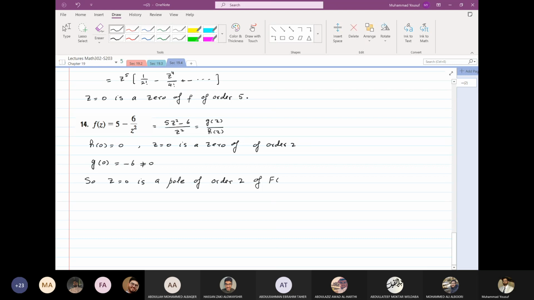So z equal to 0 is a zero of order 2 of the denominator function, but the numerator function is not equal to 0 at z equal to 0. Therefore, z equal to 0 is a pole of order 2 of the whole function. Is it clear, Shabab? Tell me if it is not.